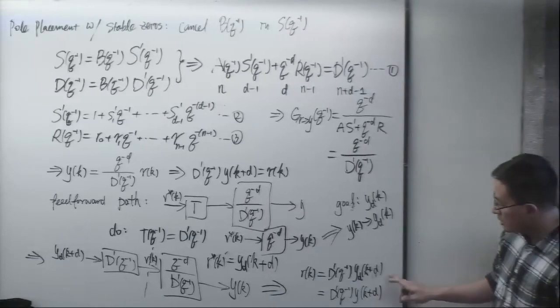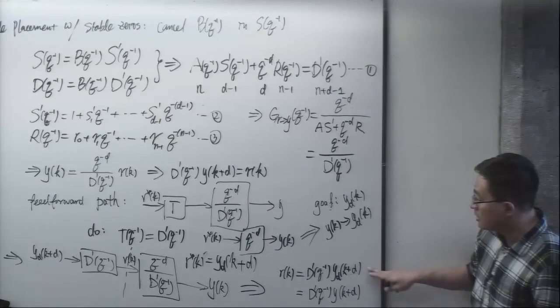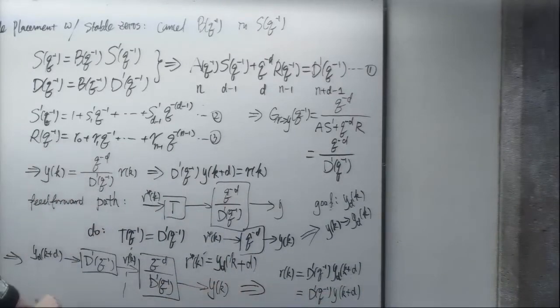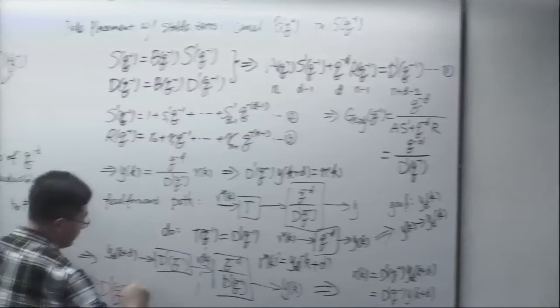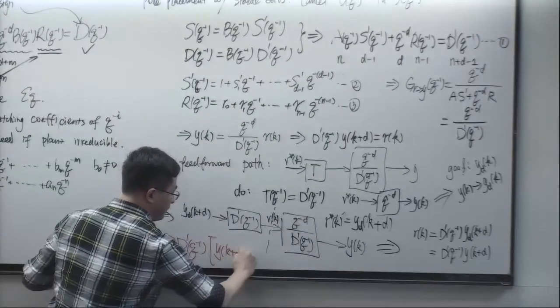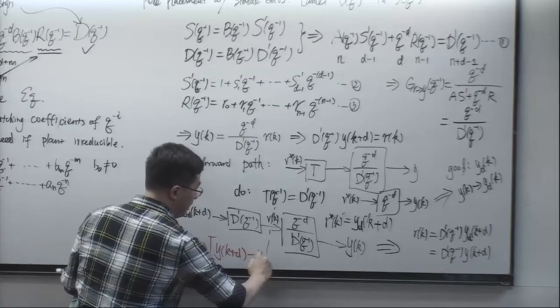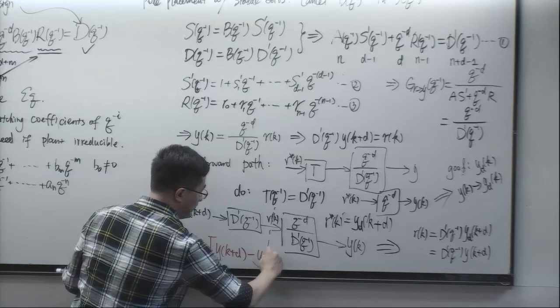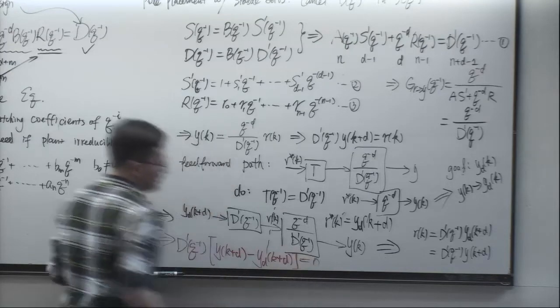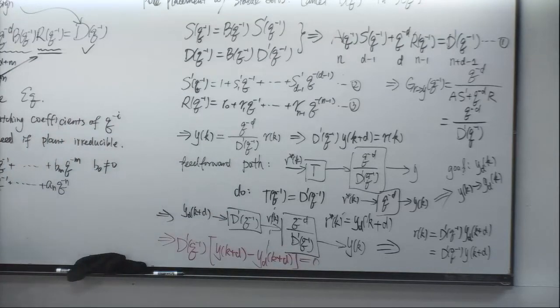So there's a subtle significance in recognizing this, because this means the true design result is D prime Q and Y minus YD is 0. All right?